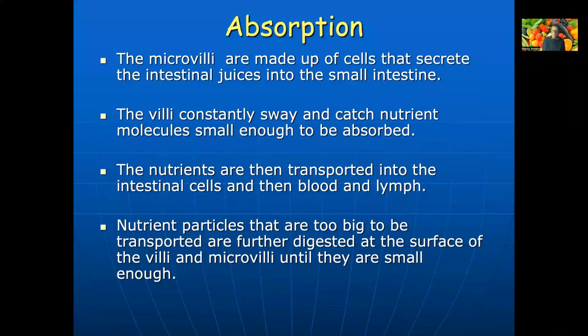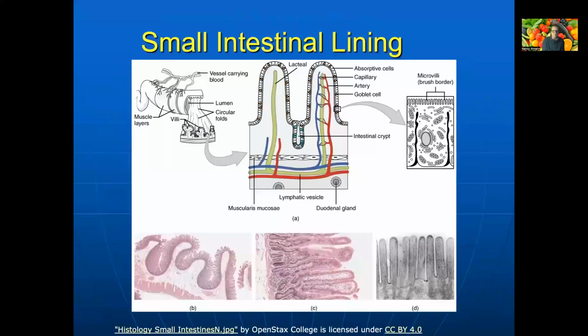If a nutrient particle is too big to be moved into the circulatory system, like fat, it will be moved into the lymphatic system, where it'll travel until it gets to the heart. It'll be added to blood, and then it'll get shipped off to the digestive tract for processing. The liver is part of that functionality.